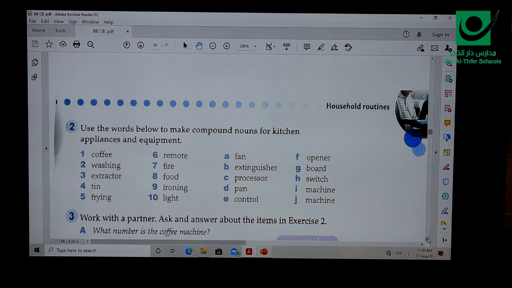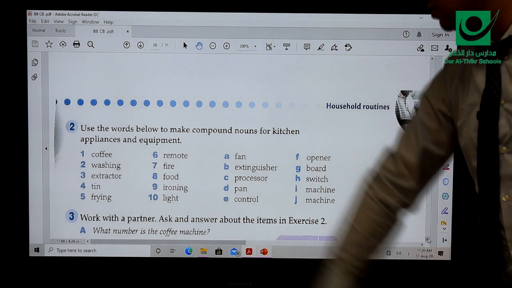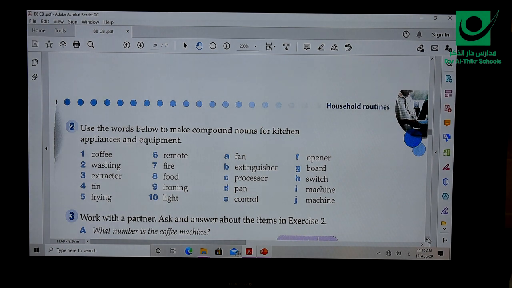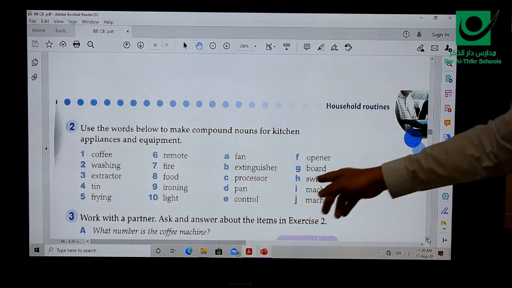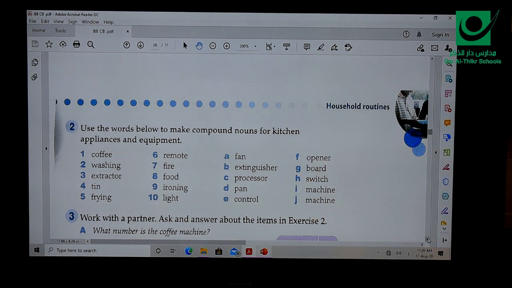And the last one, light. Everywhere in your houses, in every room, you can find a light switch. Light switch. Okay, so these are compound nouns of different equipment and different appliances that we can see in our houses, especially in the kitchen.